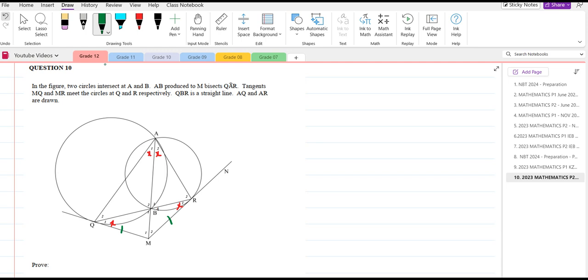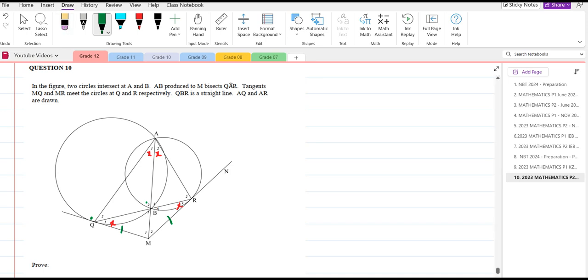Remember, the angle on this side will be equal to angle B2 here, tan chord, right? And the angle on this side over here, angle NRA, will be equal to angle B3 over here, right? So just keep that in mind.